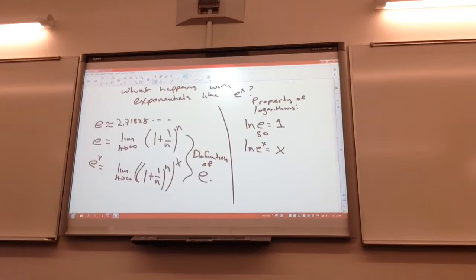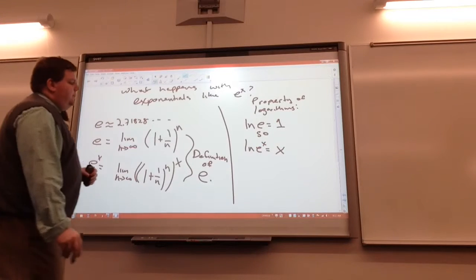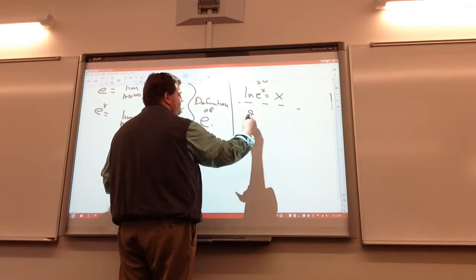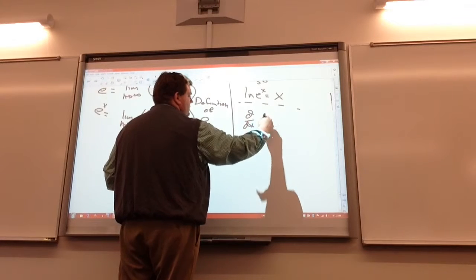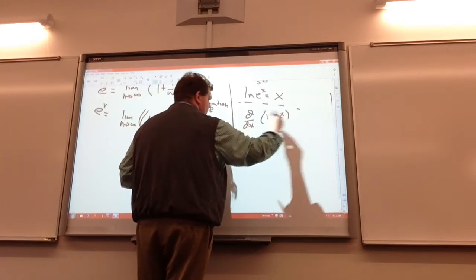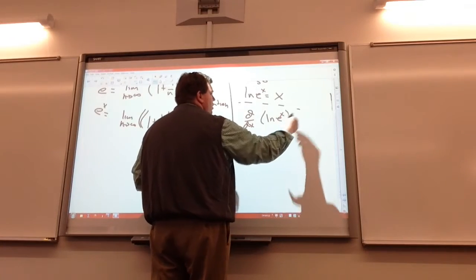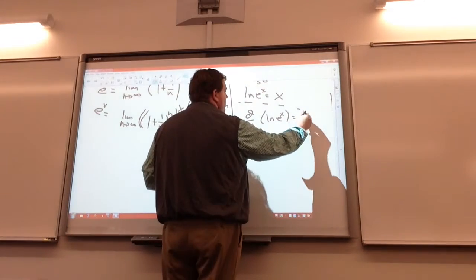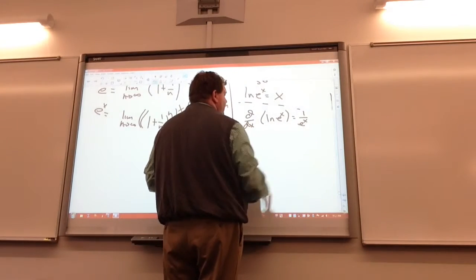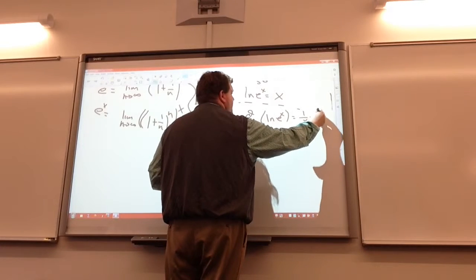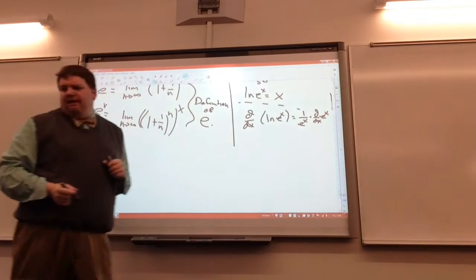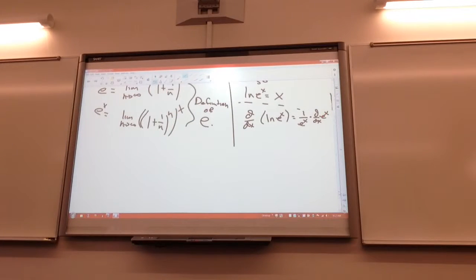From that, if I take the derivative with respect to x of the natural log of e^x, we already know what that should come out to be: 1 over e^x, times the derivative with respect to x of e^x.